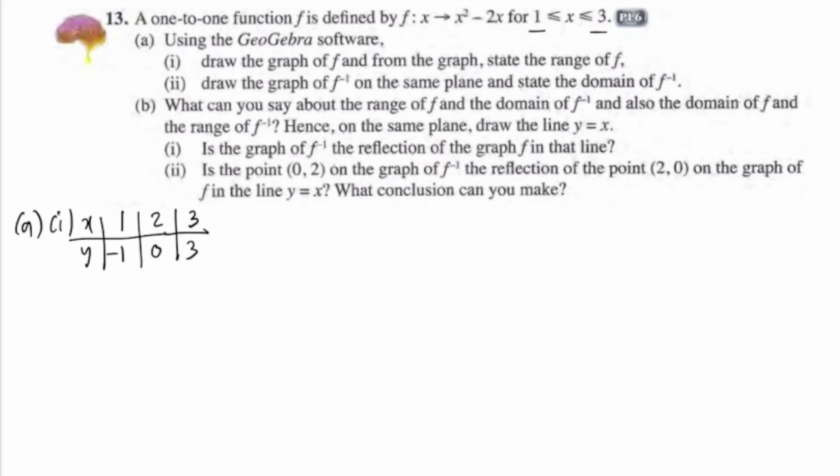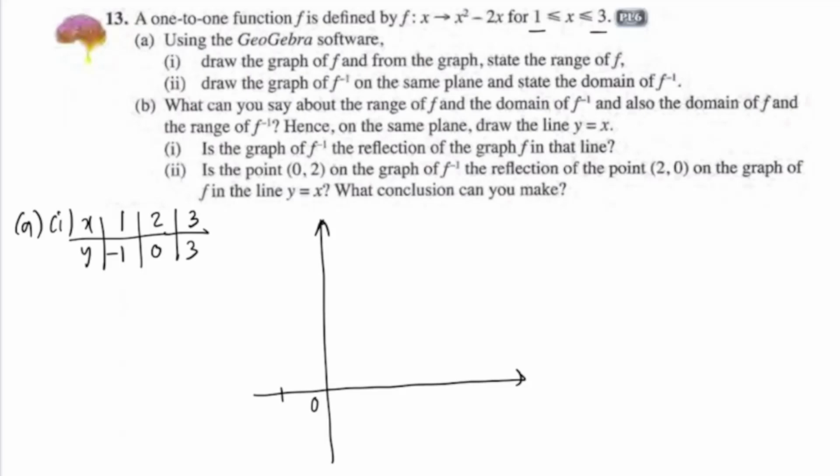And I'm going to draw the graph. I need more space, so let's draw over here, x and y. The first point is 1, negative 1.